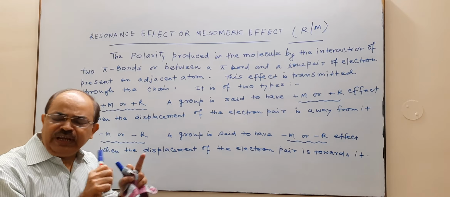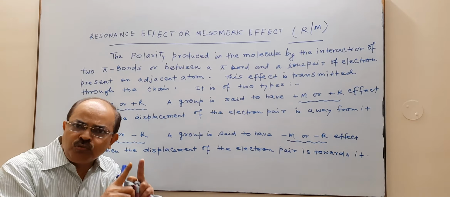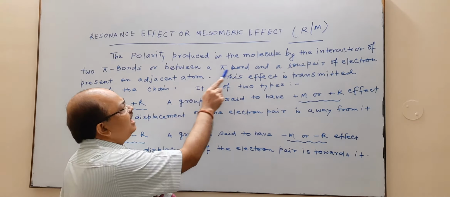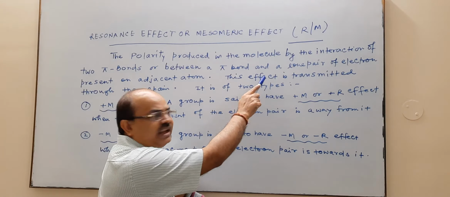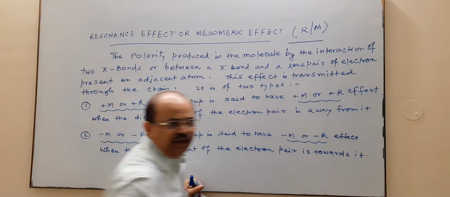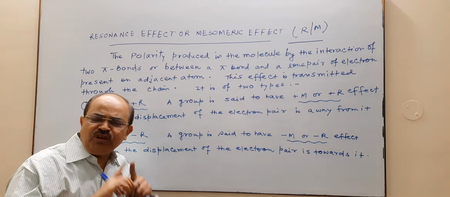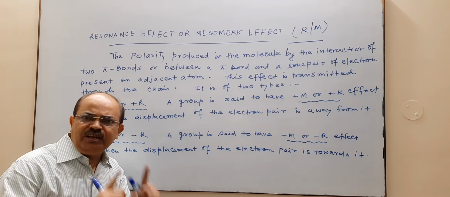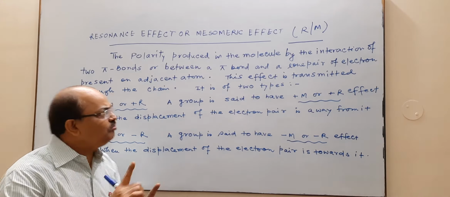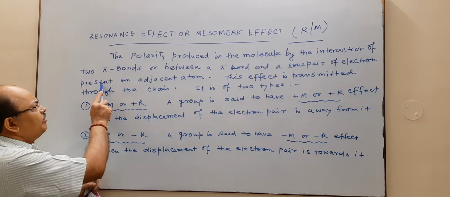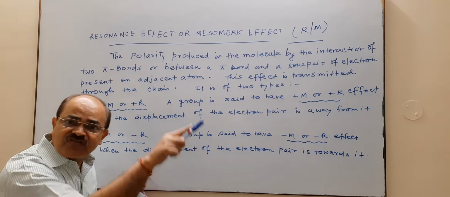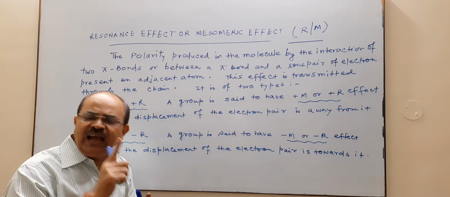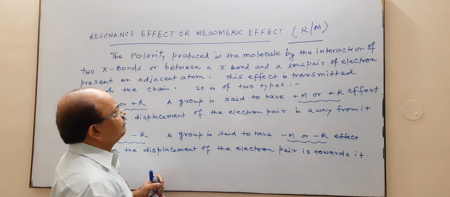So there may be interaction between two pi bonds, or between a pi bond and a lone pair of electrons. So the interaction may be between two pi bonds or between a pi bond and a lone pair of electrons present on an adjacent atom. I hope you know the meaning of adjacent atom.